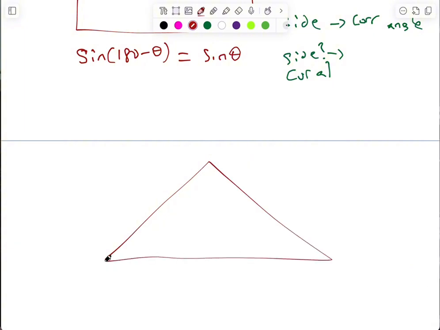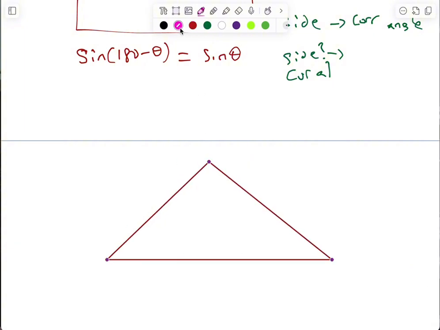So this is the triangle I want to solve. Then I have this side. Let's say this side is 3 and this angle is 30 degrees. And let's say this side is 10. And I'm looking for this particular angle right here. So I can use sine rule here.